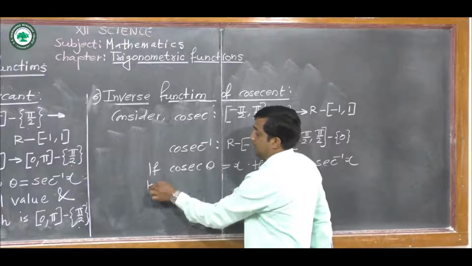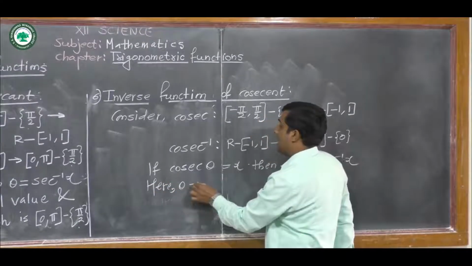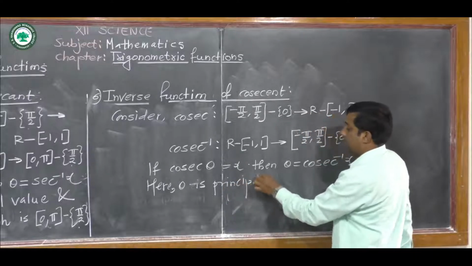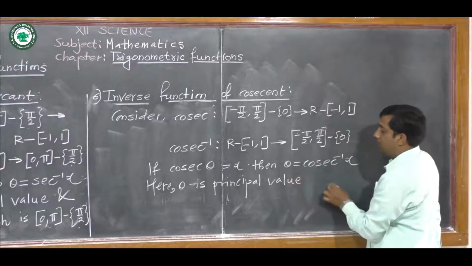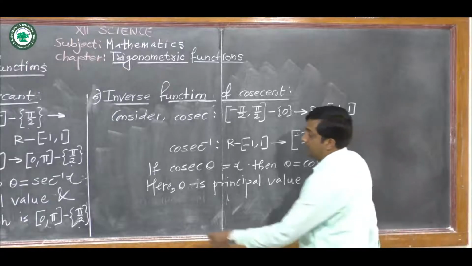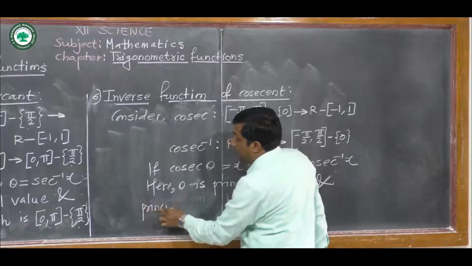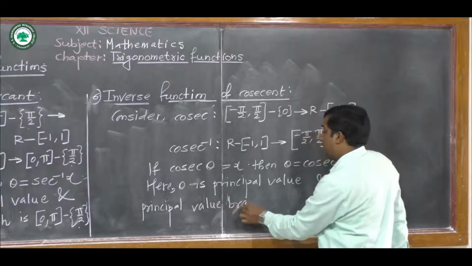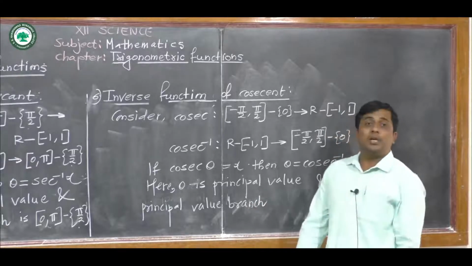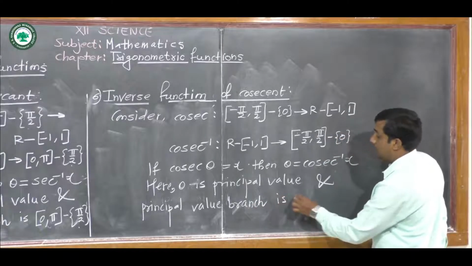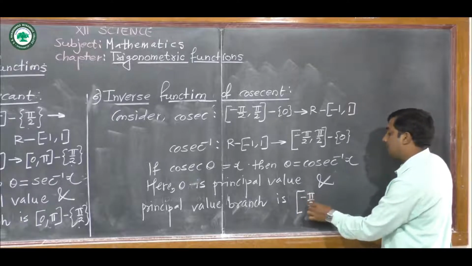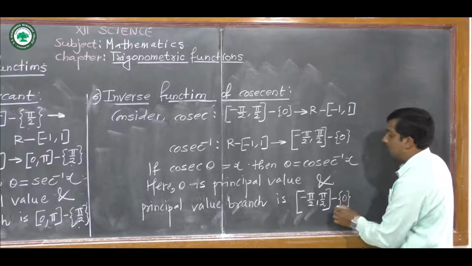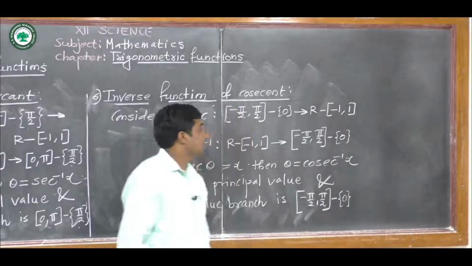Here theta is called the principal value, and the principal value branch for the given trigonometric function is the closed interval minus pi by 2 to pi by 2 except the value 0.